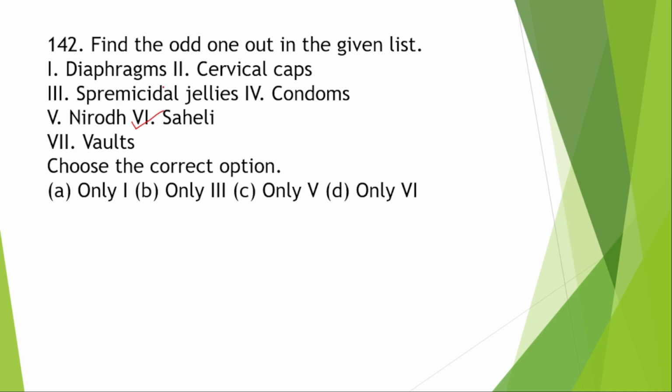These all remaining, diaphragm, cervical caps, condoms, these all are barrier methods, isn't it? But Saheli is an oral contraceptive pill. So we will go with the option D only.